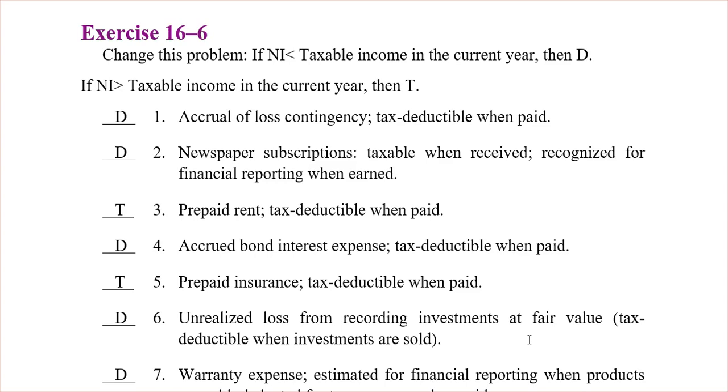I think what's easiest, though, is to really look at the income statement and focus on the income statement. So here we're saying that you're going to have something which will show up as causing a reduction in net income, and it's going to cause net income to be less than taxable income. Because it's going to show up as a loss, it's also going to show up as a type of accrual.